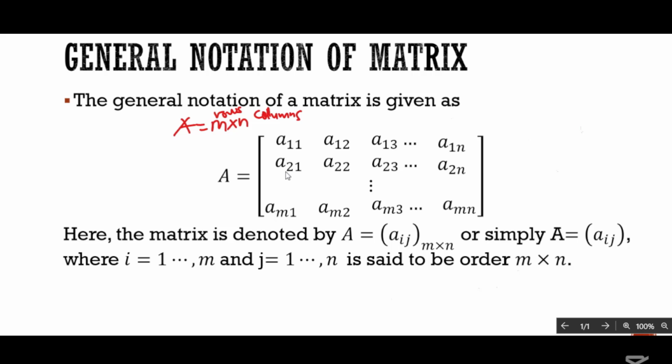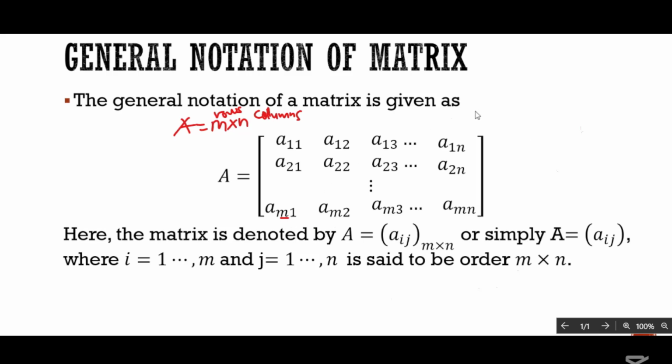Then in the second row, we have A21 representing the first element in the second row, and A22 representing the second element in the second row, up to the last element of that particular row and column.